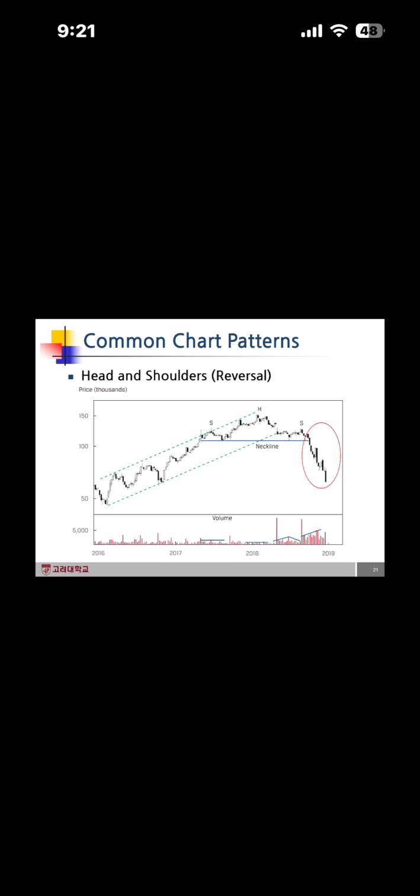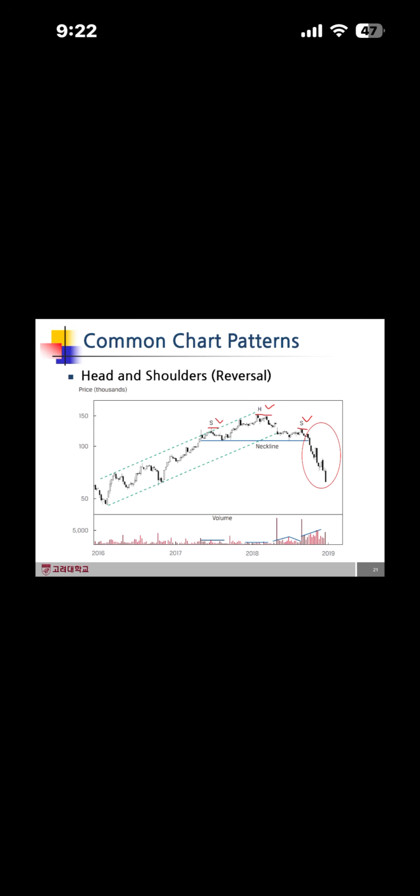So this is an example of the head and shoulders pattern. You can see that there are three key parts of the pattern: the left shoulder, the head, and the right shoulder. The middle peak, which is the head, is higher than the two shoulders.